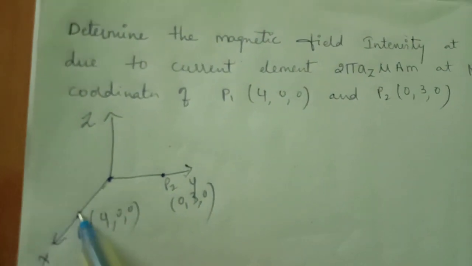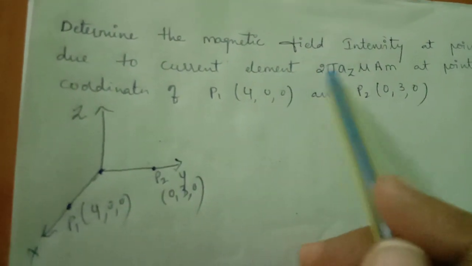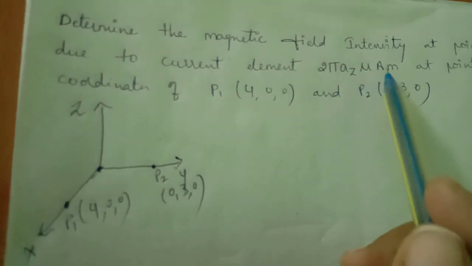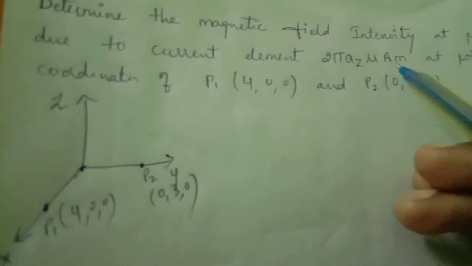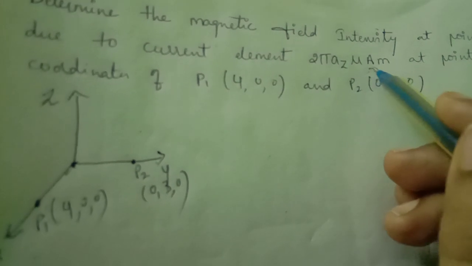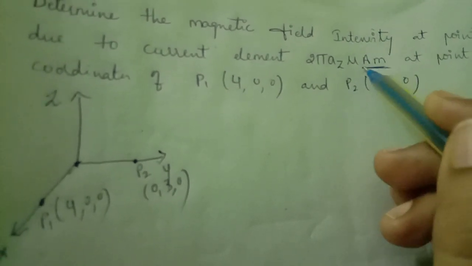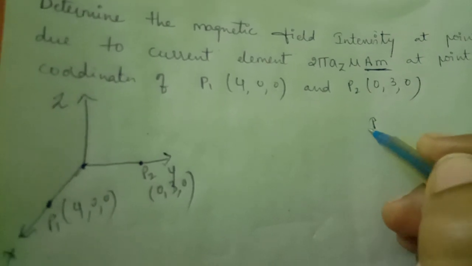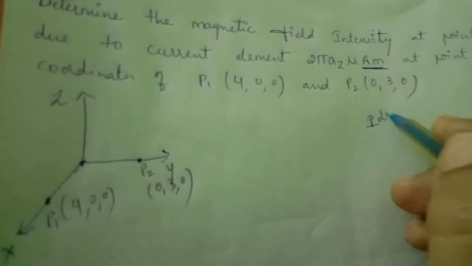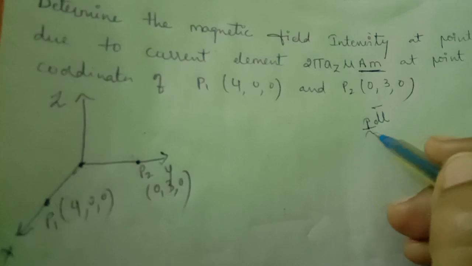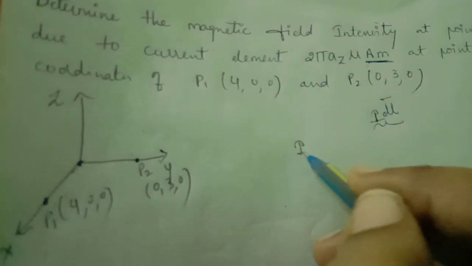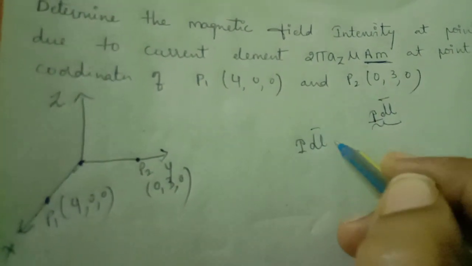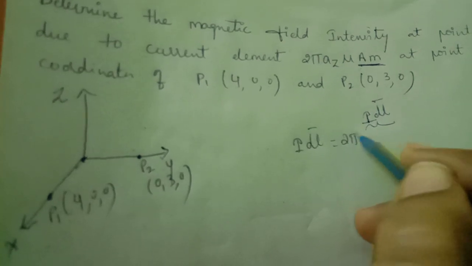So at point P1, what is there? There is a current element 2 pi Az microampere meter. Observe here, its value is given in ampere meter. Ampere meter means ampere units is I and meter is nothing but dl. That is, the value given is I dl, which is given as 2 pi Az.